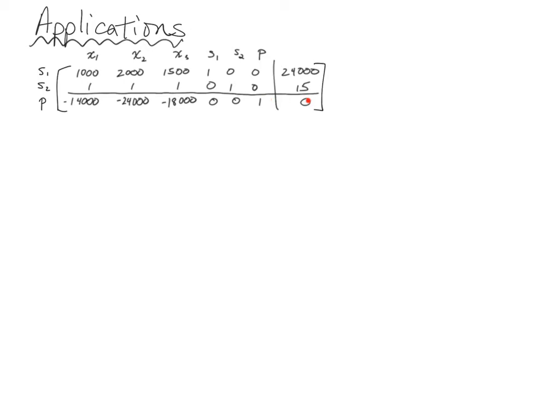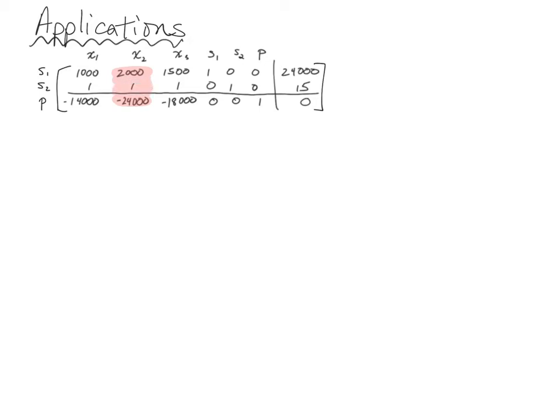And the bottom row is the potential customers that will be reached by the ads. So the objective function is in the bottom row. All right, so again, the process is we have to find the most negative number in the bottom row, and that is right here. So this will become the pivot column.